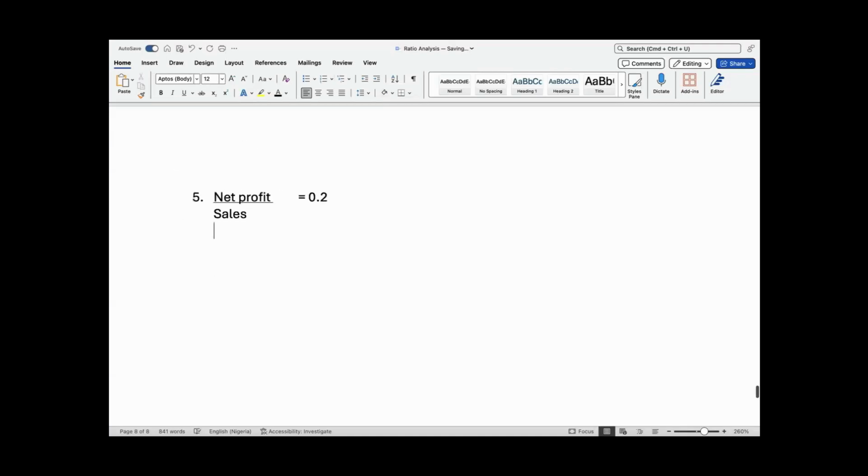I have my net profit to be 8,000, so equal to 0.2 into bracket sales. If I divide through by 0.2, my sales will be 8,000 divided by 0.2. So my sales is 40,000.